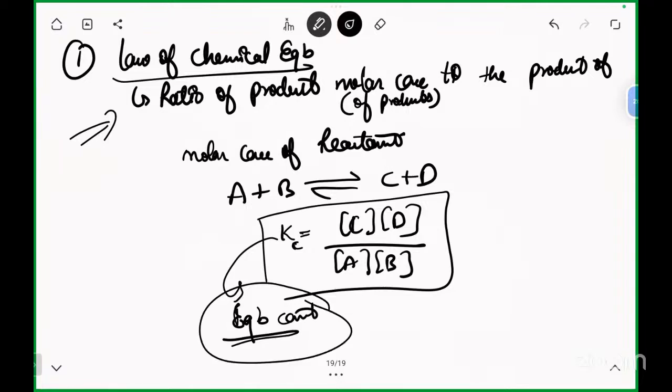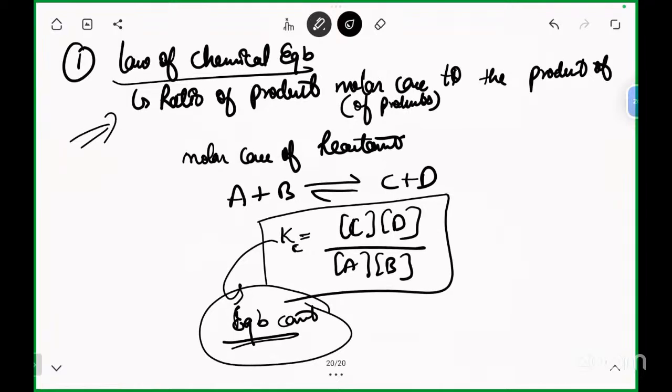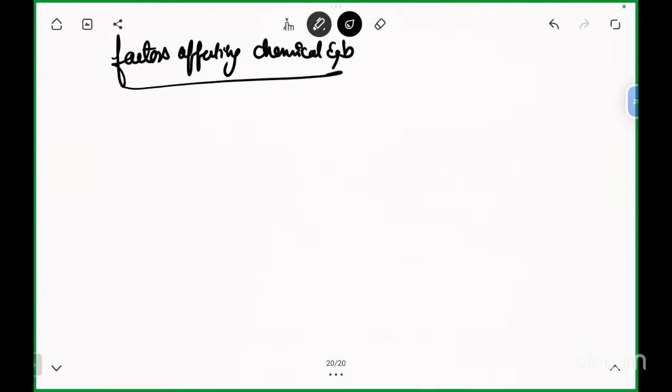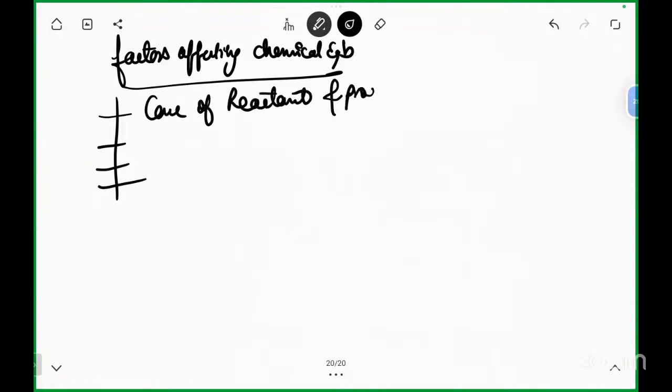What are the factors which influence the chemical equilibrium? Factors affecting chemical equilibrium. I'm just telling you the factors; you have to go deep in this topic. Concentration of reactant and product will disturb the equilibrium, you all know.